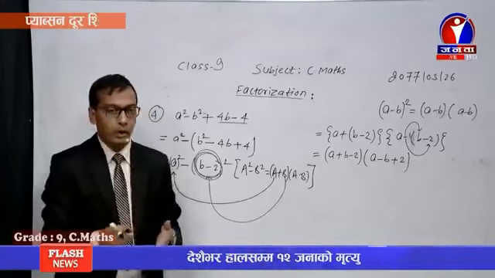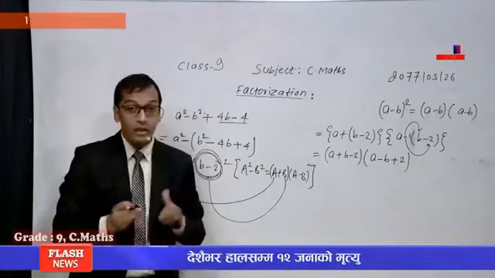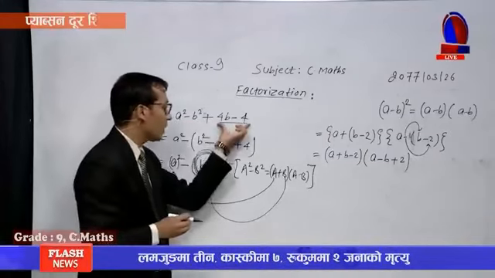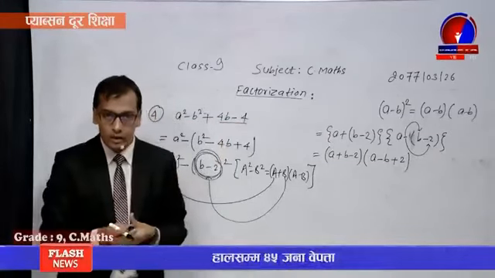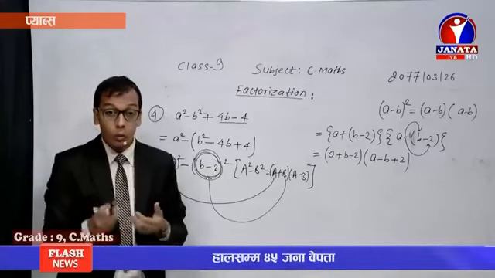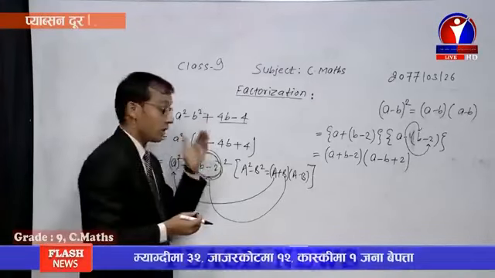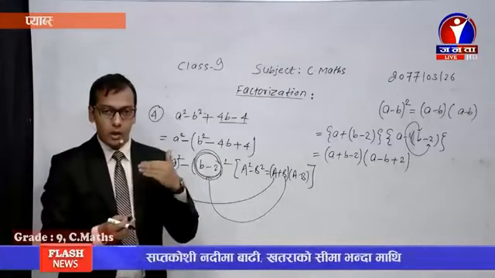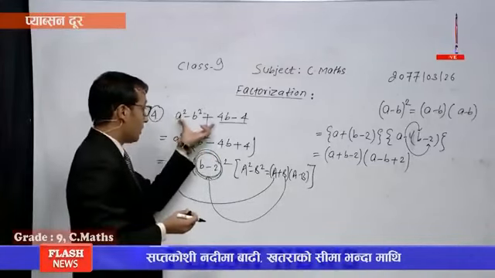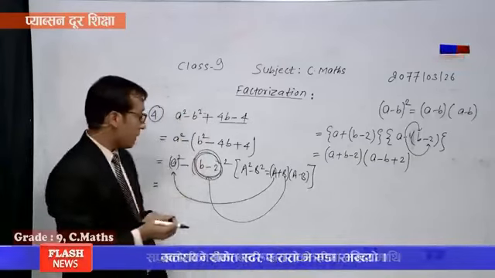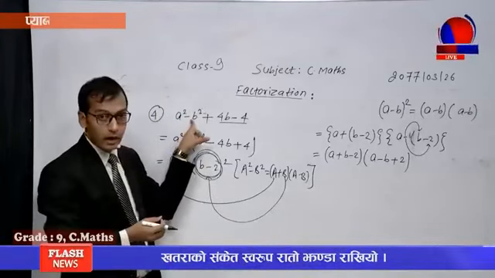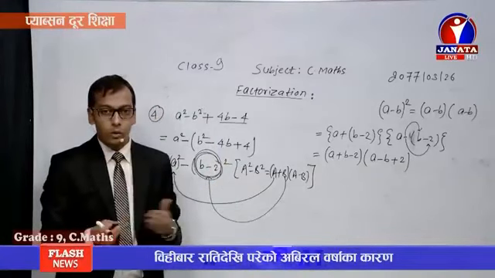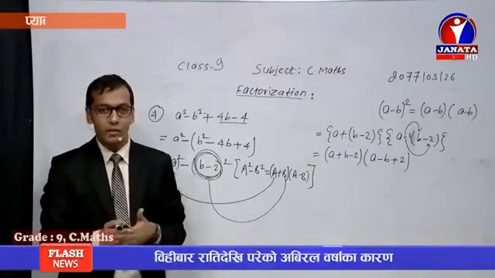Here, first of all, we tried simply by splitting the first two terms and taking 4 common from the next two terms, but we could not factorize. I explained why, because nothing was common from the first and second term. So we used another process and took negative sign common from the second term, and we are able to factorize this. So there are various ways in factorization.